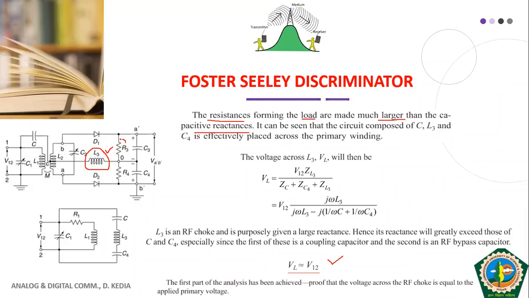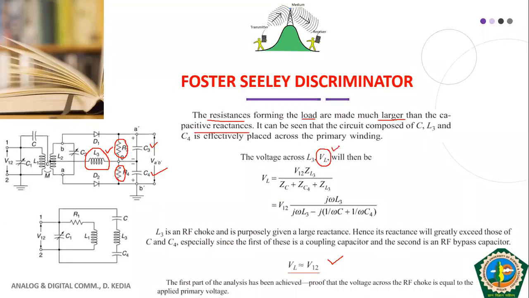That means the values of R3 and R4 are very, very high as compared to C3 and C4, so they will behave almost like an open circuit. Now we have to obtain the voltage across inductor L3, that is VL.